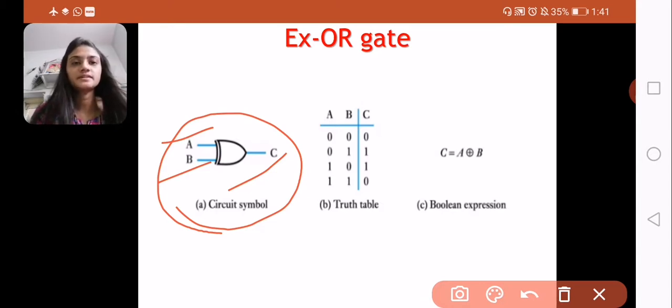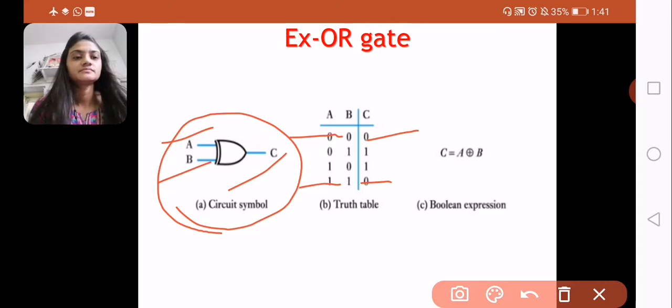It is very simple. See, suppose in the input combination both the bits are the same, that means 0 0 and 1 1, both bits are the same. So at the output you have to write 0. If two bits are different, that means 0 1 and 1 0, both bits are not the same, then at that point you have to write 1.